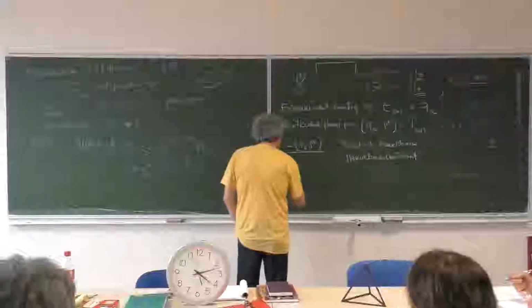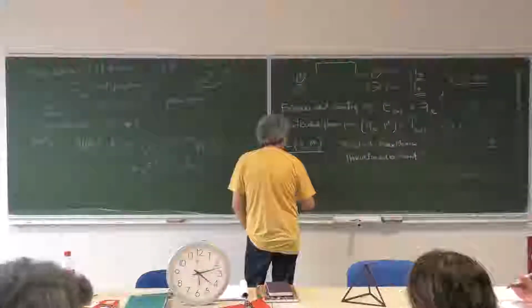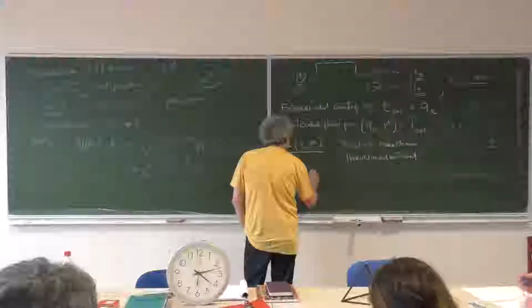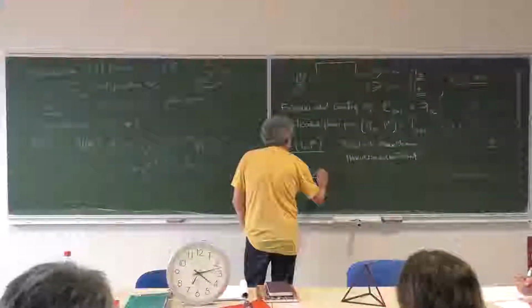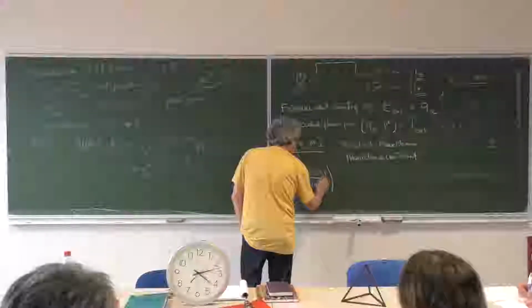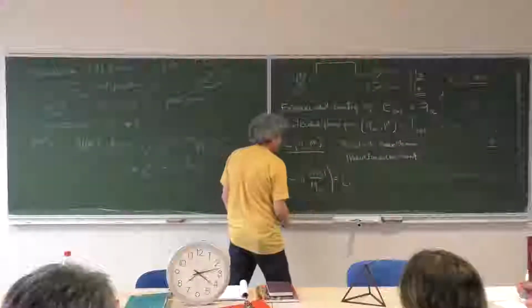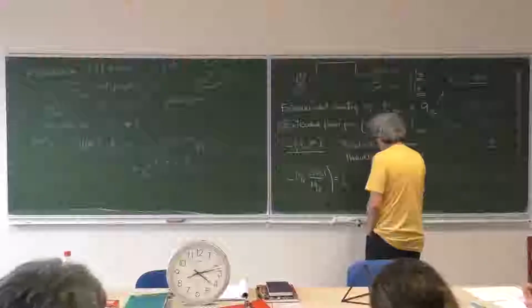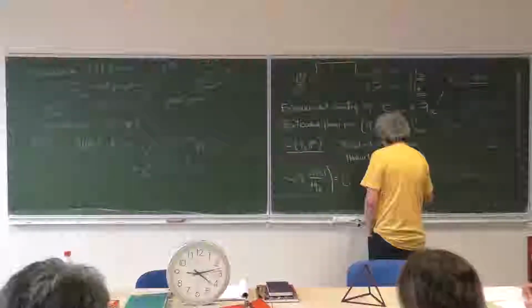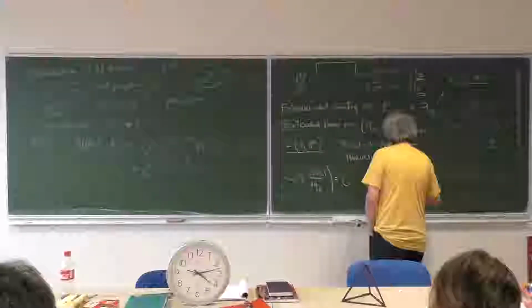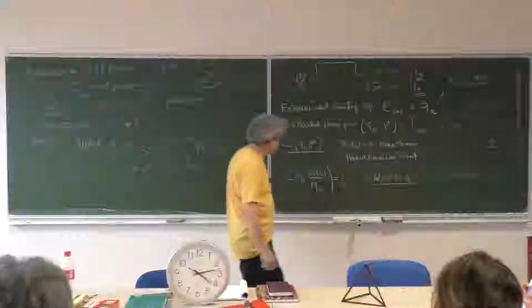The Hamilton-Jacobi equation is C(QA, dS/dQA) = 0, where S is a function of QA. So that's a relativistic, or covariant, Hamilton-Jacobi equation.